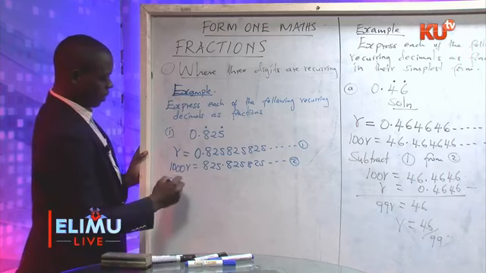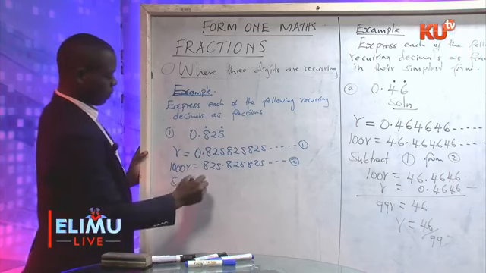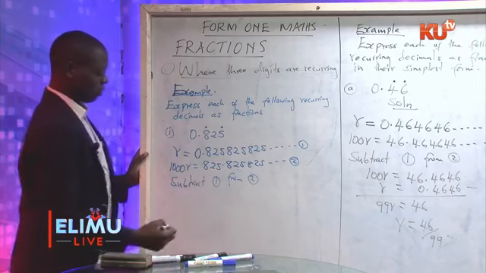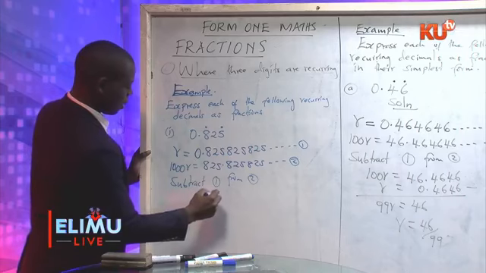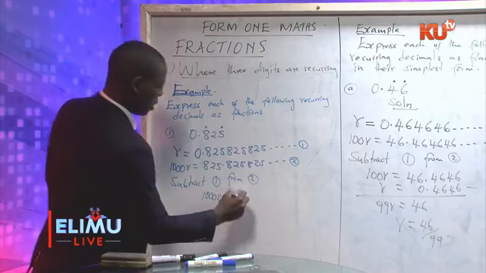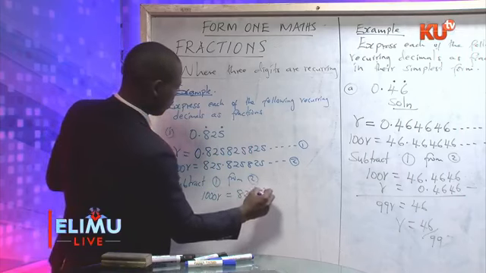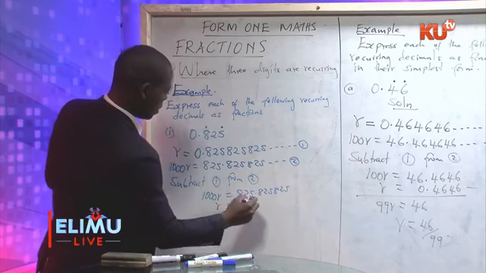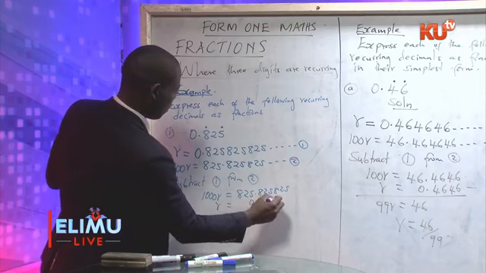Then the next step is you subtract 1 from 2. So you have 1,000R is 825.825825, and R is 0.825825.